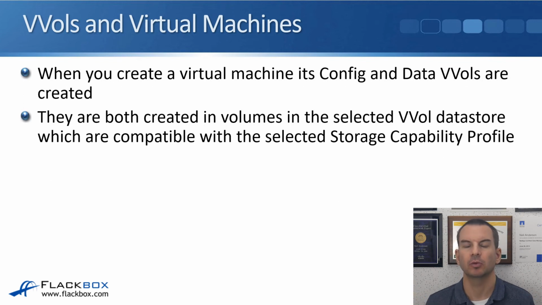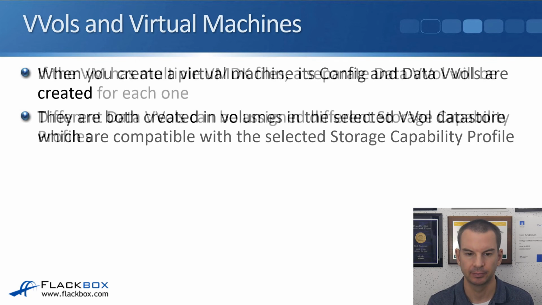Next, let's look at what happens when you provision a virtual machine. When you create a virtual machine, its config and data VVols are created at that time. They're both created in volumes in the VVol data store which you select, which are compatible with the storage capability profile, which you also select.